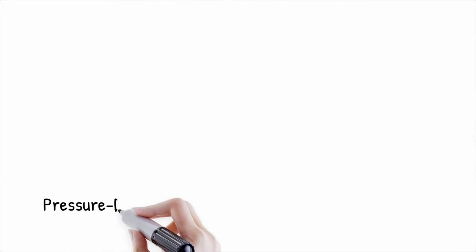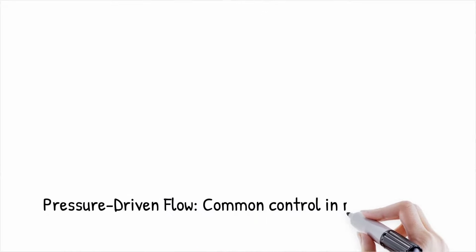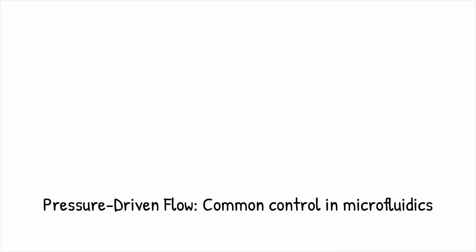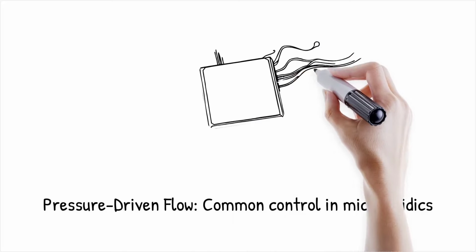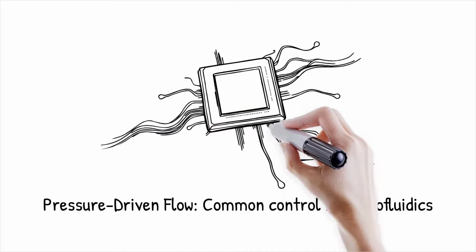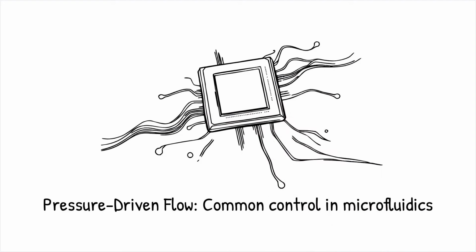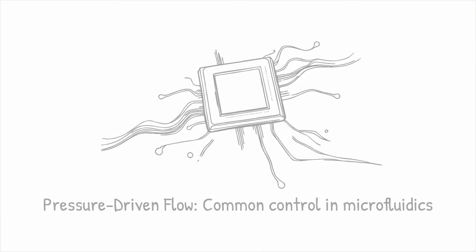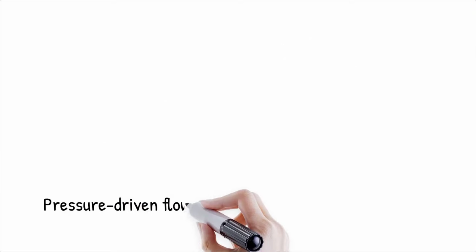Pressure-driven flow is widely used in microfluidics, where an external pressure source, e.g., syringe pumps, peristaltic pumps, or compressed gas, drives fluids through microchannels. The flow rate depends on the pressure differential, channel dimensions, and fluid viscosity, following the Hagen-Poiseuille equation.